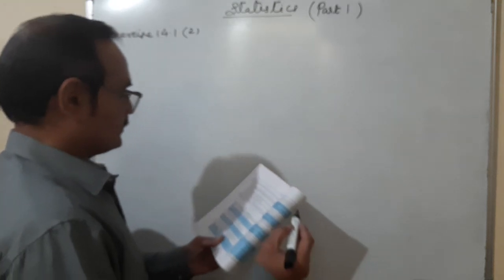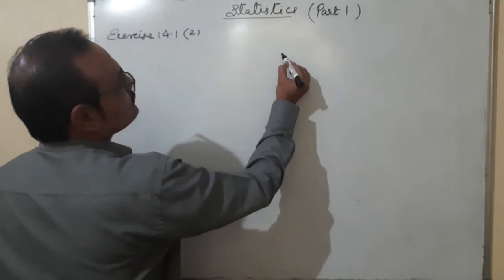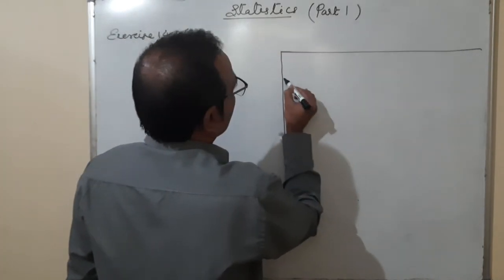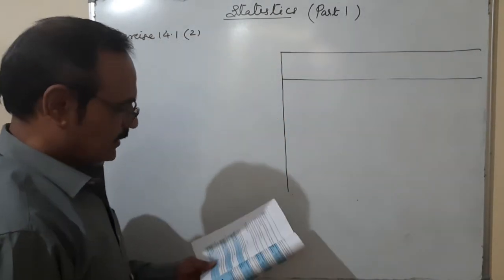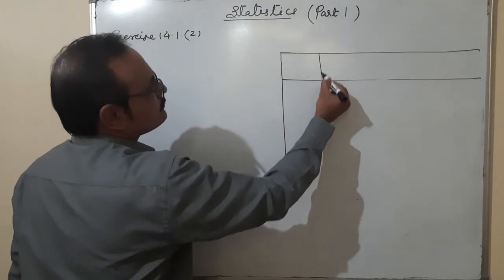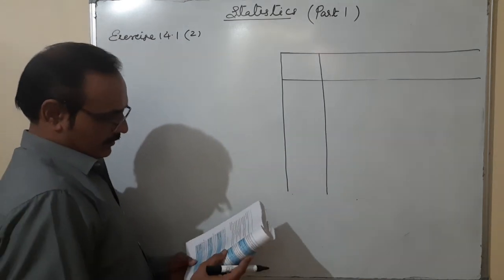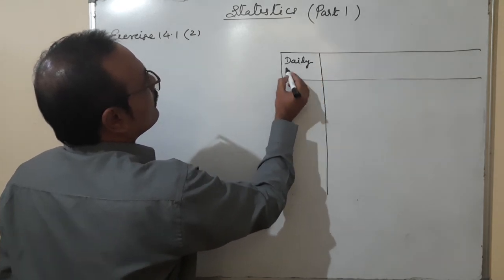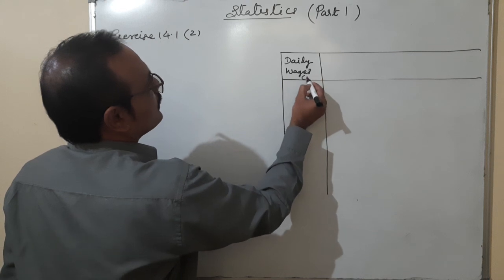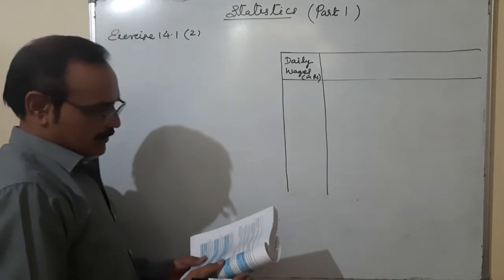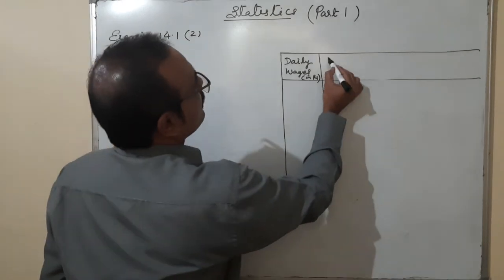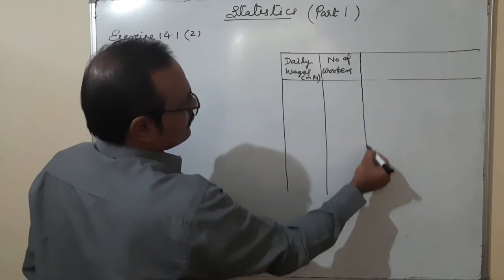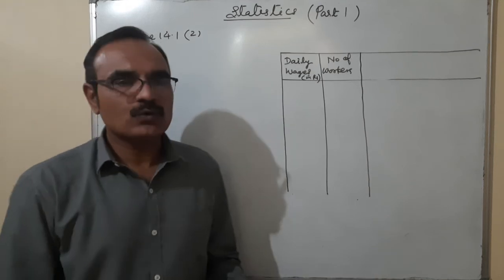I'm making a column: daily wages in rupees, and number of workers.